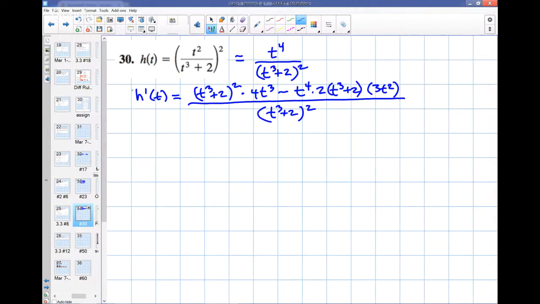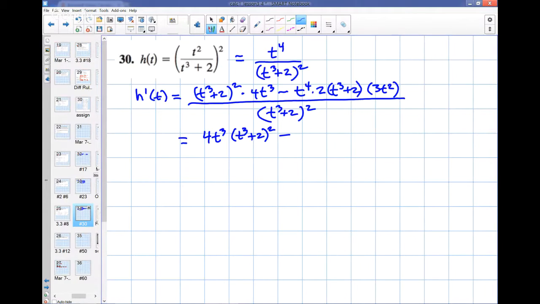Let's just rewrite the top a little bit. I'll leave the quantities squared toward the end. It doesn't matter, but I'm going to just write it like this. Bring the 4t cubed out to the front. And then likewise on the other side. Now here I can combine what? 3t squared times 2 times negative t to the 4th.